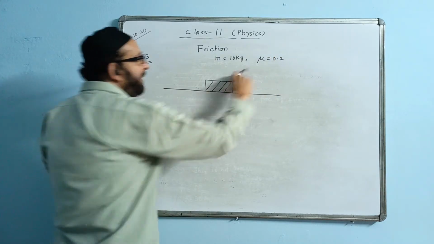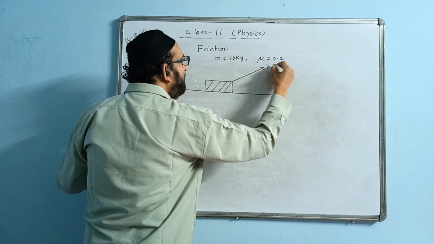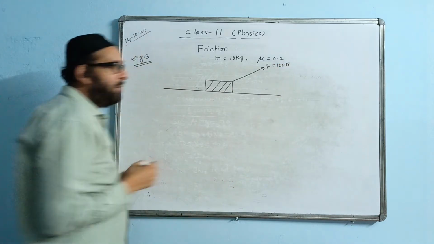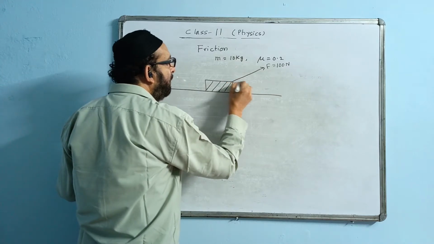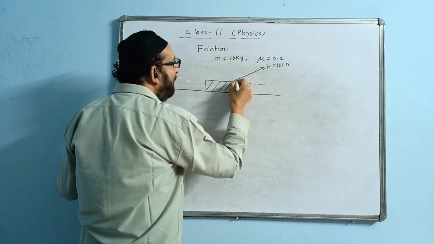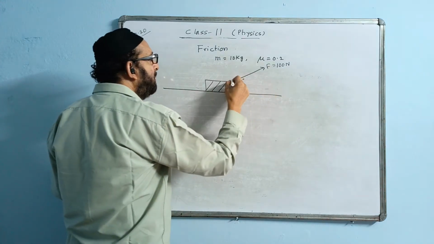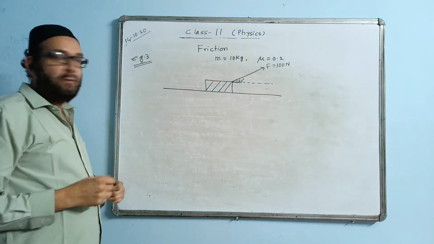This time we are dragging the body, that is, we are pulling the body by a force F equal to, say, 100 Newton, which is making an angle of 60 degree with the horizontal.